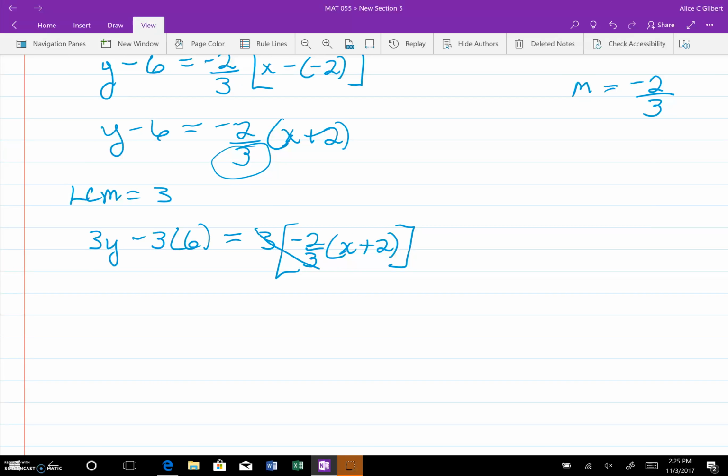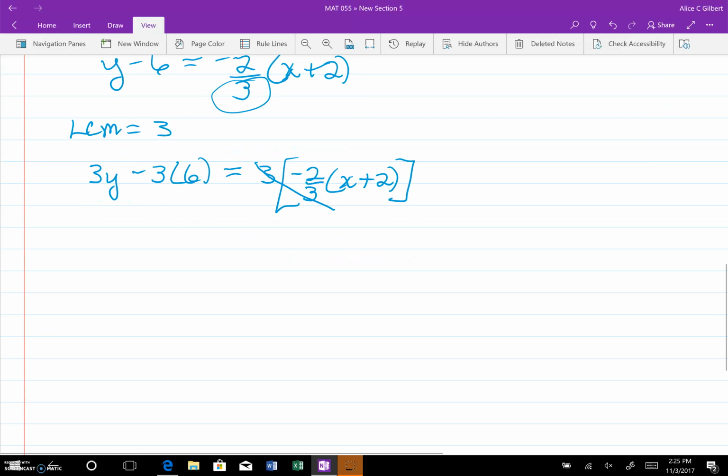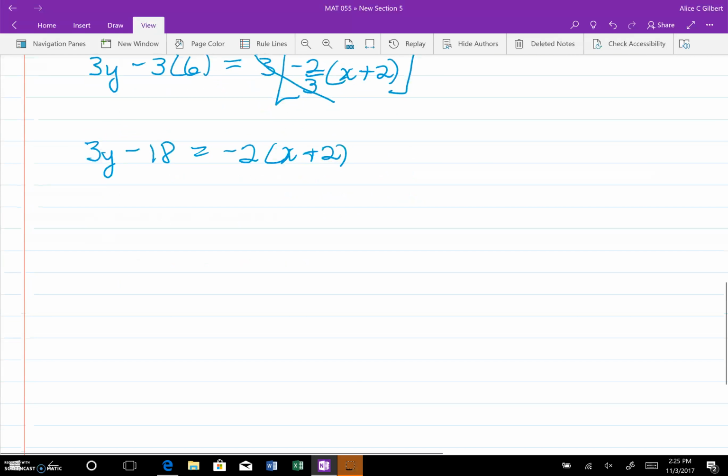Okay, so these are gone. And now I've got 3y minus 18 equals negative 2 times x plus 2. Now I can distribute my negative 2 and keep going forward. So 3y minus 18 equals negative 2x minus 4.